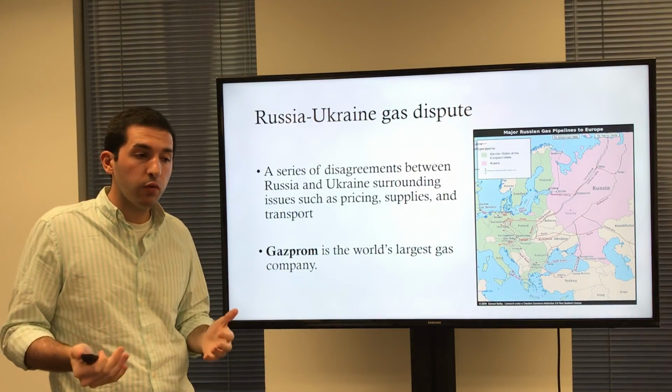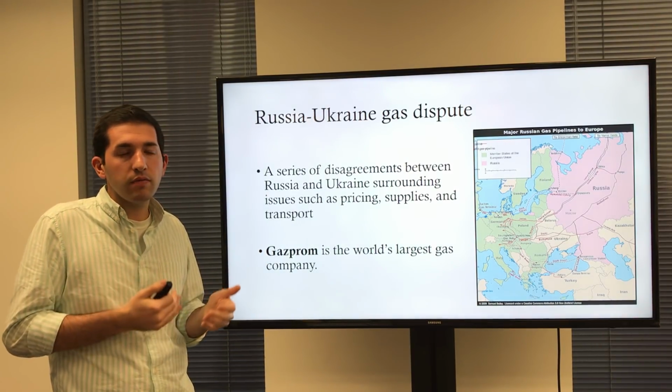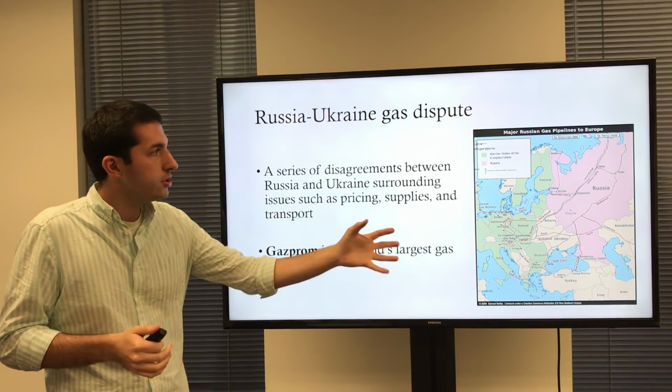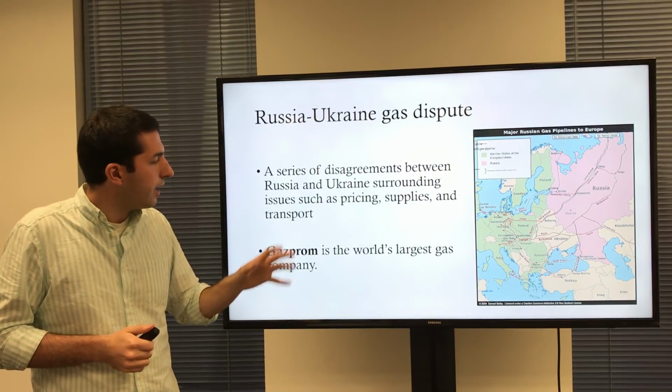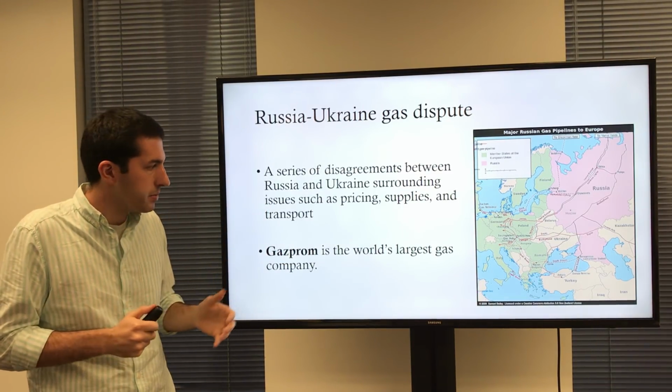Obviously, we talked about before, Russia relying on a lot of sales of natural gas and oil to the European Union. A lot of those pipelines you can see have to go through Ukraine, and that creates a problem for the Russians at different times.